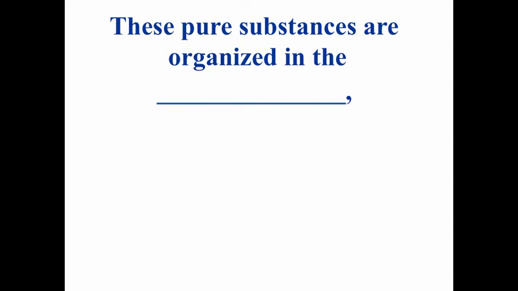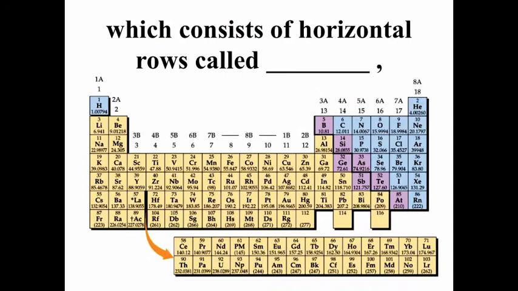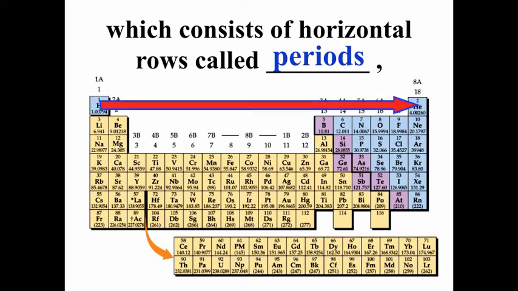Now these elements, these pure substances, are organized in something you've probably seen before, and this is of course the familiar periodic table. The periodic table consists of some horizontal rows, which we call periods, and here's the first row or first period.